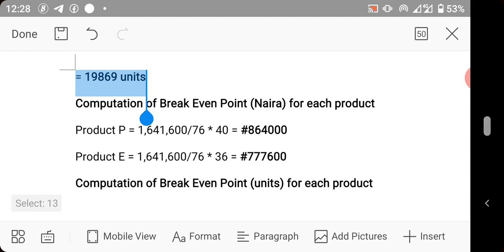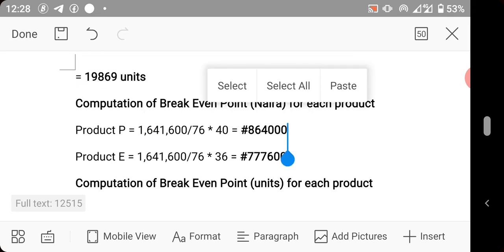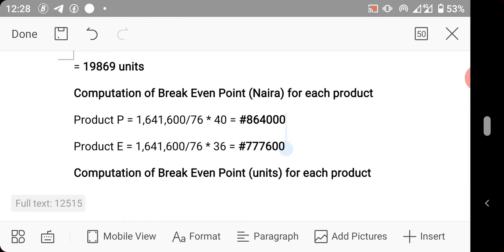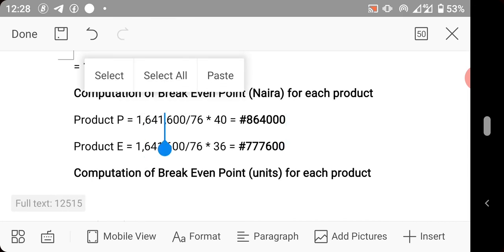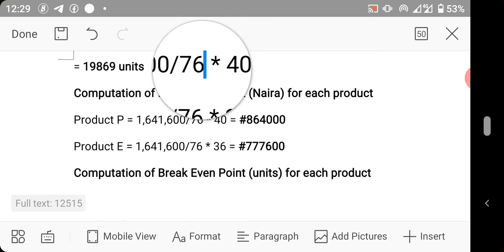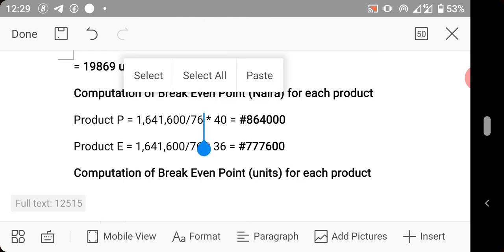With this, you can compute the break-even point in naira for each product. You bring in the break-even point in naira for the batch, divide it by the sales price per batch, and multiply it by 40. How do you get 40? It is the 10 naira sales price multiplied by 4, which is the ratio of sales.